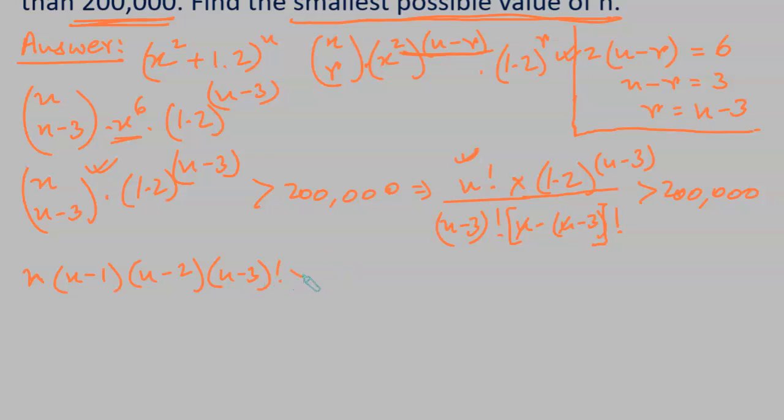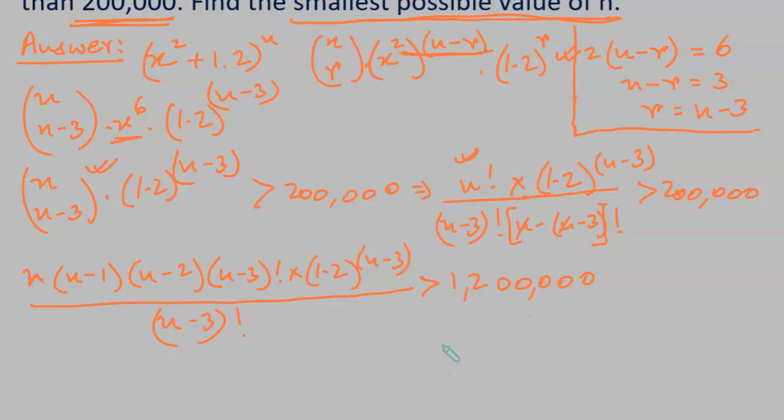Times 1.2 to the power of n minus 3 over n minus 3 factorial, and we are multiplying both sides by 6. So this becomes 1,200,000.